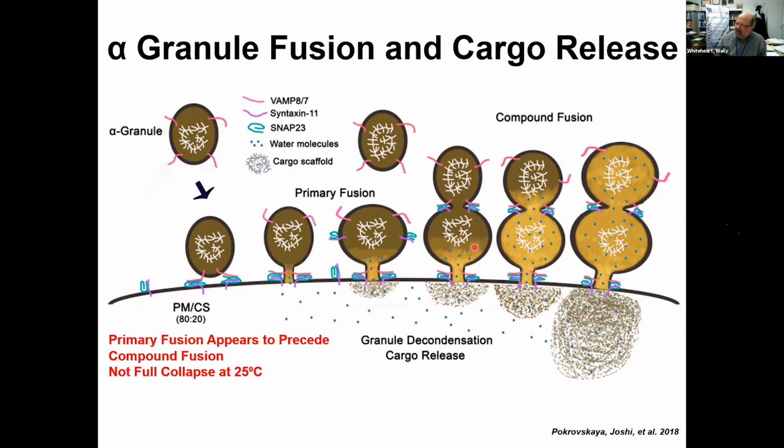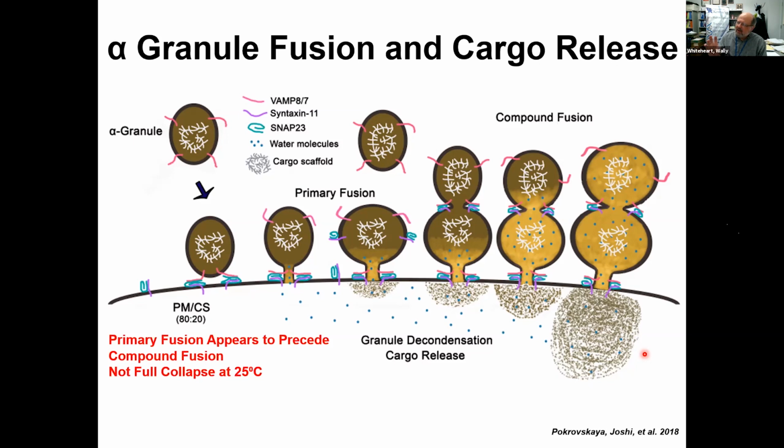You see more decondensation or dissolving of the cargo, and you start to see secondary fusion events or compound fusion events that ultimately lead to release of cargo into these sort of clouds that I showed you in one of the earlier micrographs. This is accompanied by granule swelling, and this leads to a controlled release of cargo and perhaps explains some of the kinetics that I showed you in the earlier slides. Okay.